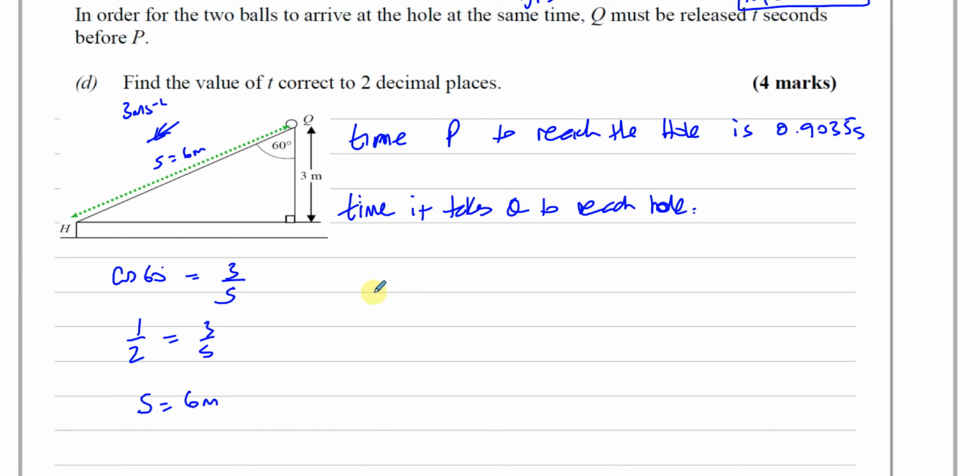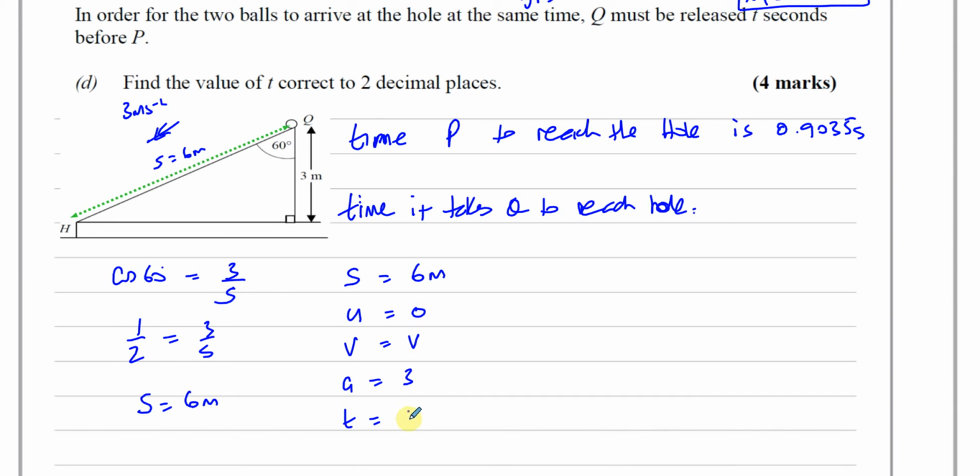So we know that using SUVAT, it's traveling 6 meters from there to when it reaches the hole. It starts off at rest, 0 meters per second. We don't know what the velocity is by the time it reaches the hole. We know it's accelerating at 3 meters per second squared, and we're taking this as positive because it's going down, and the time is what we have to find.